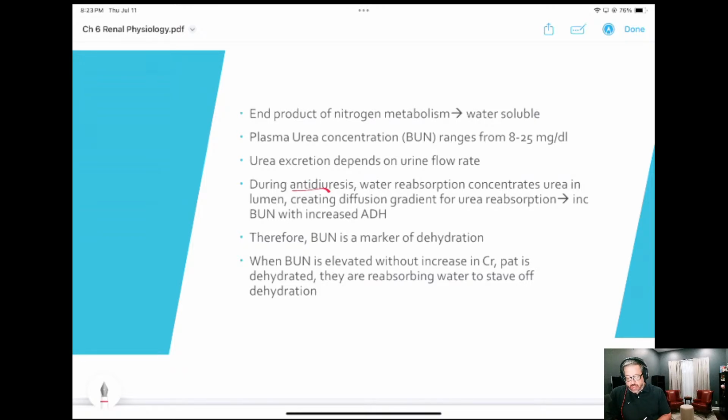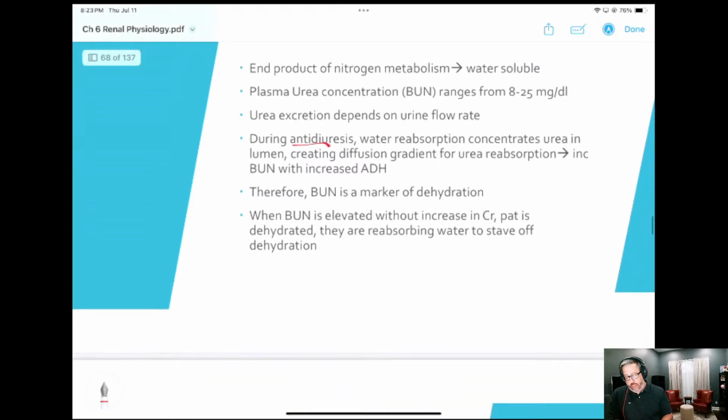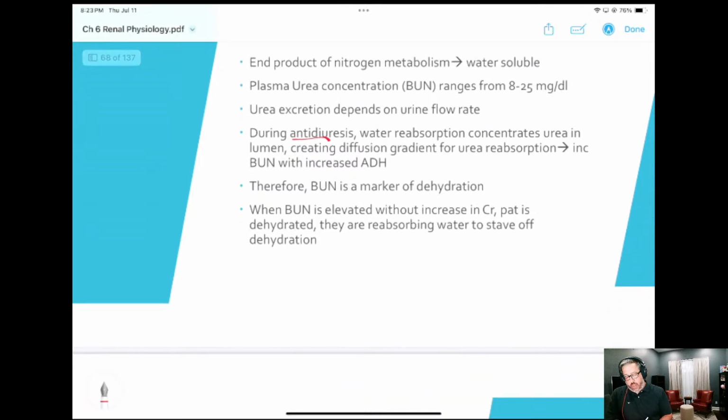So antidiuresis, remember, when we reabsorb water, it concentrates the urea because we're pulling water out and the urea stays in. So it creates a diffusion gradient for urea reabsorption back into the blood.